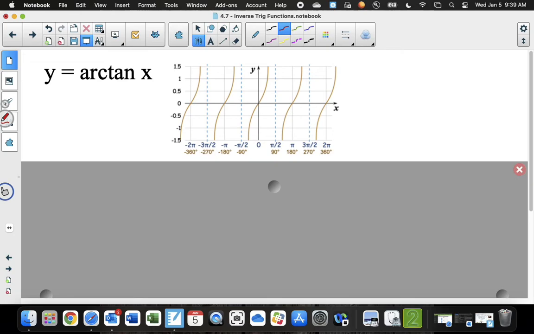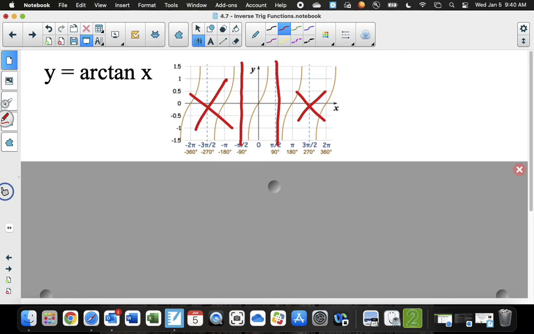Once again, here's your tangent graph with a bunch of different periods. If we put in a horizontal line, there's why it doesn't pass the horizontal line test, because it'll go through all those different tangent waves. This one's a little bit easier, because when we restrict this one, the parent function's already restricted for us. We're just going to use the one right here and get rid of the rest of it.